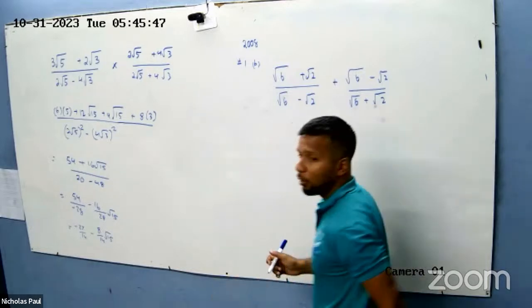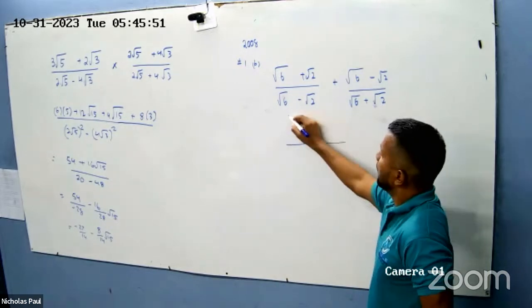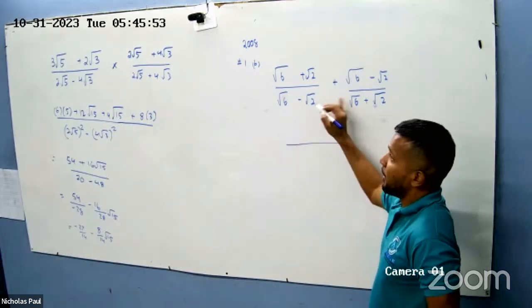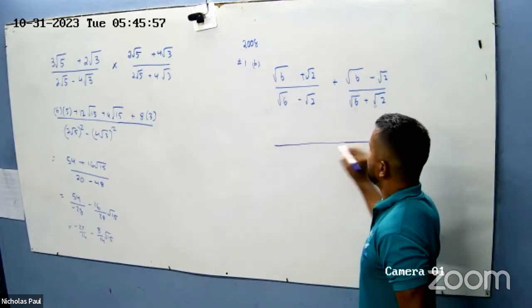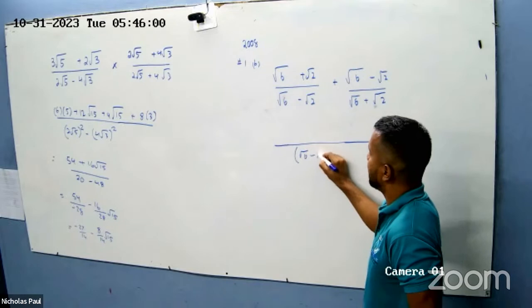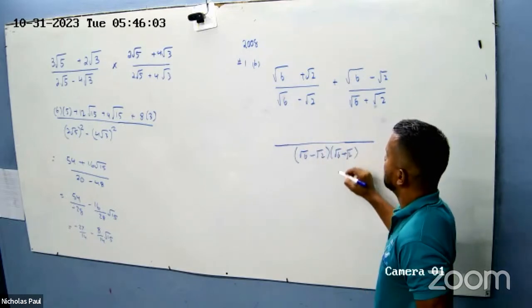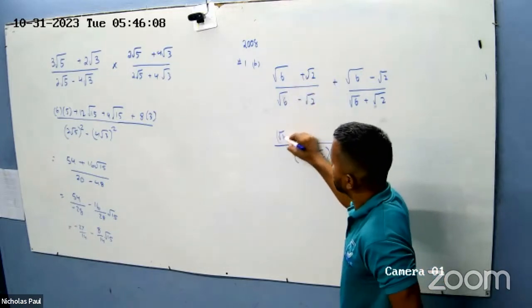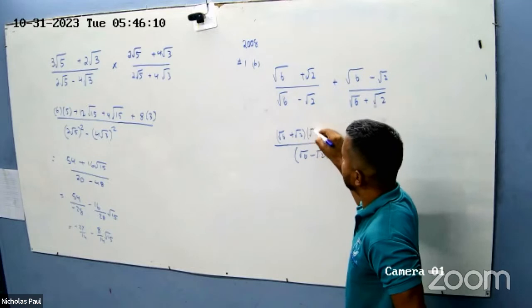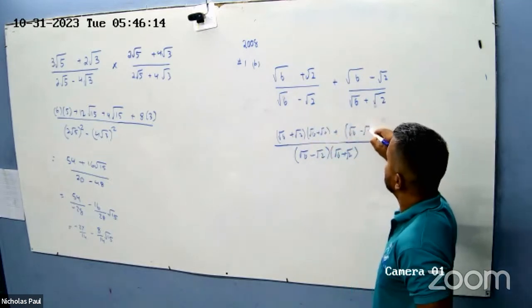I will put it all together, right? I'm multiplying. I'm going to find the LCM and work it out. If I find the LCM, I'll get √6 minus √2, √6 plus √2. When I multiply, this will cancel, and I'll get √6 plus √2 by, and here I'll get √6 minus √2 by.